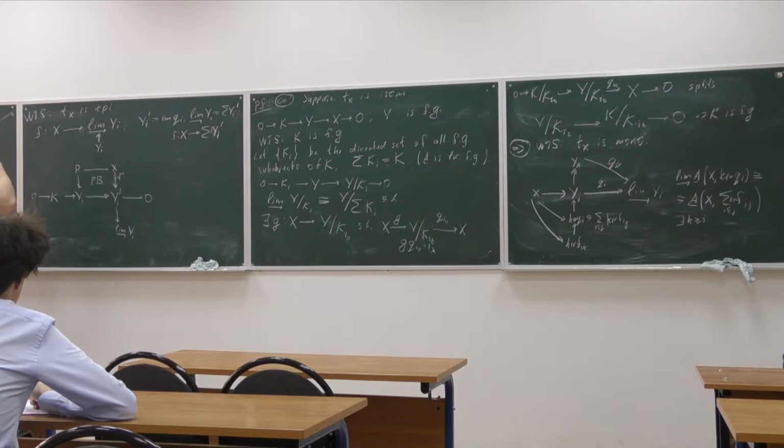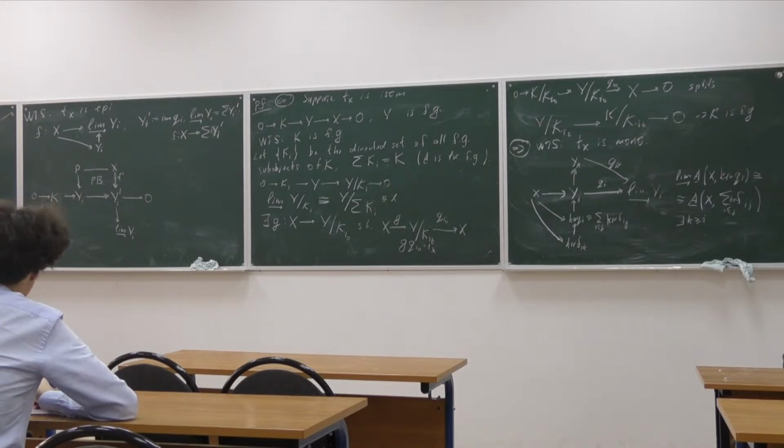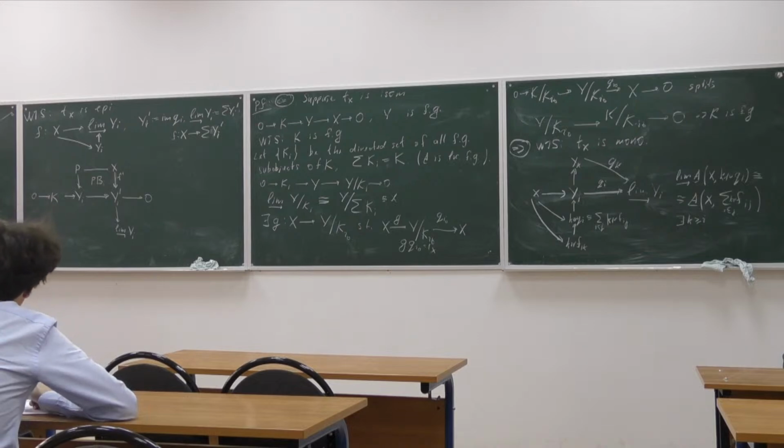If I just want this map to the limit, I'll get this map here, because any map to the limit is completely determined by its components, so this is just the component. Hence the map in this direction, I mean the projection in this direction.